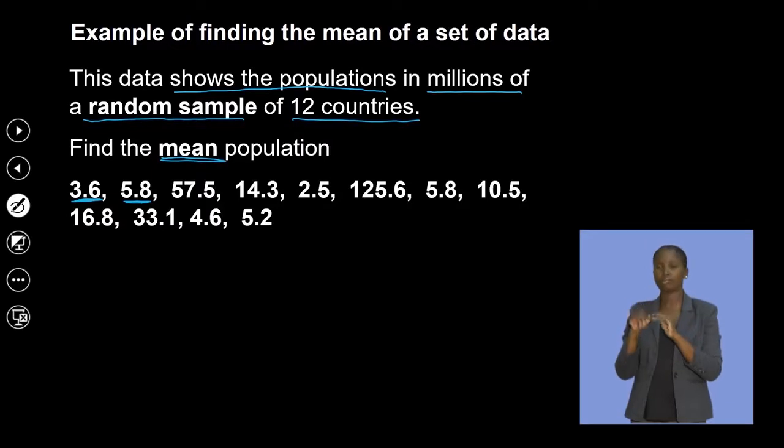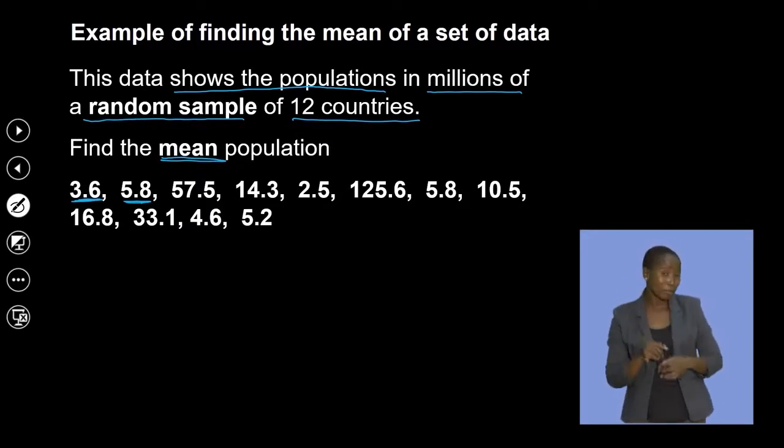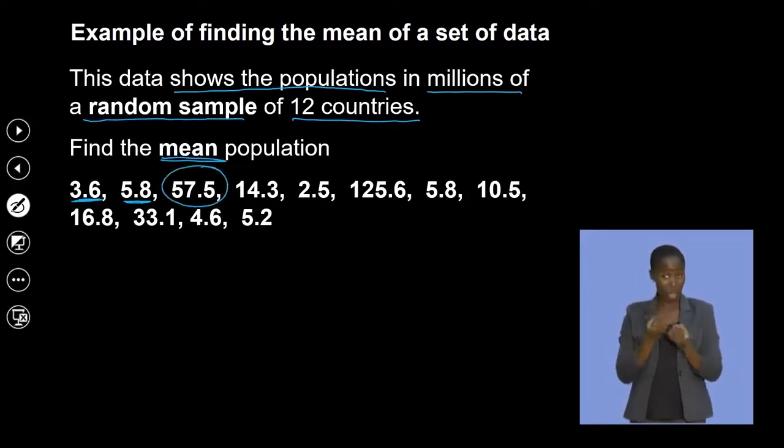Where do you think South Africa actually falls? Any idea? Are we a population of 3.6, 5.8? I think we are somewhere around 50-something million. Okay, let's carry on and calculate the mean for the 12 country populations.